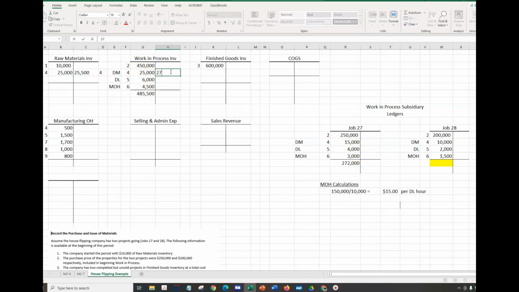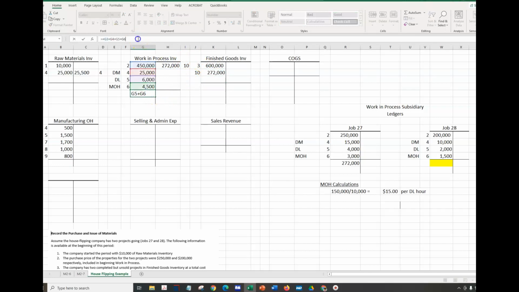Job 27 needs to come out of work in process inventory. So $272,000. This is number, what number is this? Oops, I want to put it there. So 272,000, this is number 10. That goes over here into finished goods, $272,000.